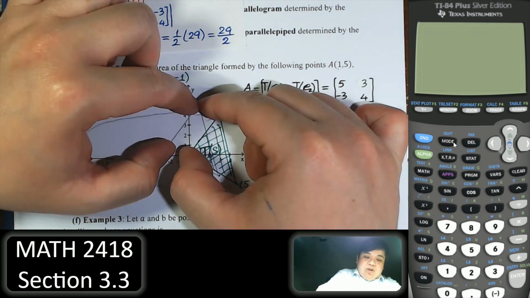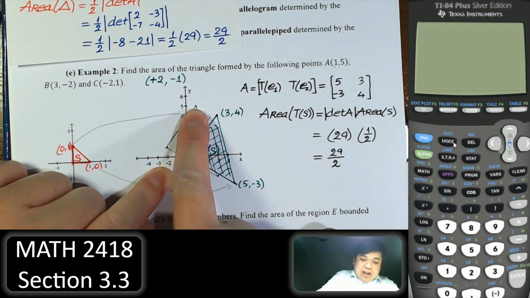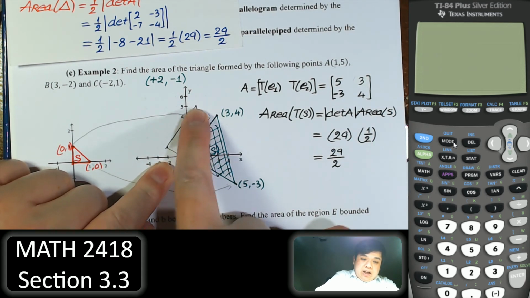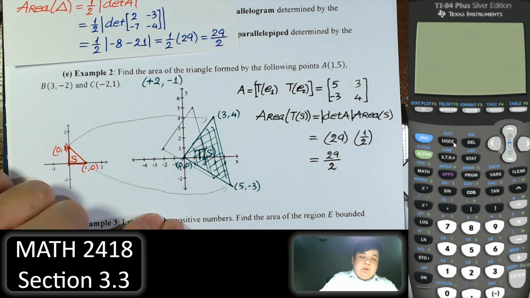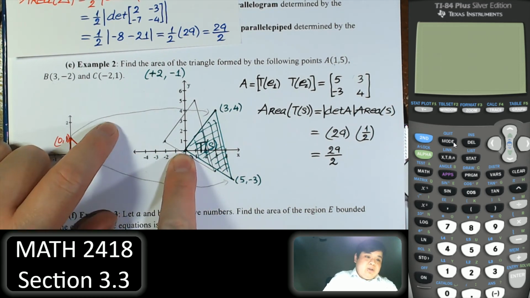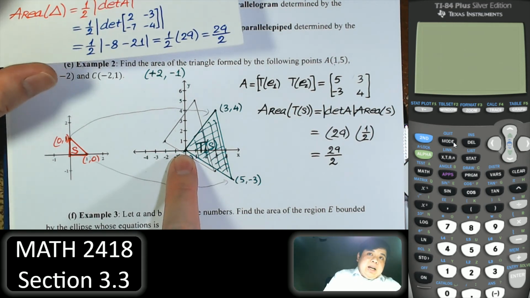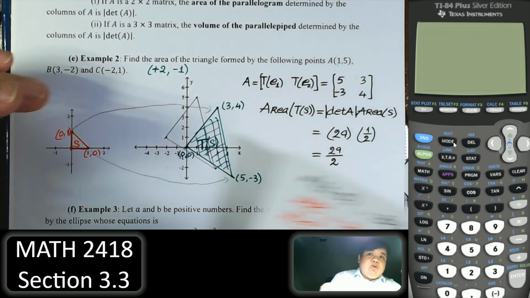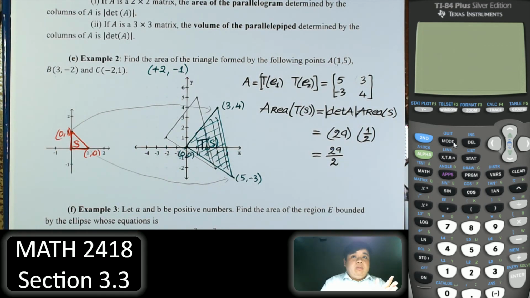But if we move the triangle so that the point here is going to the point here at the origin, or we move that on that side, so this will be at 0, 0. It doesn't matter. What matters is that when we're trying to find the area of the parallelogram or the area of a triangle, in that case we cut in half, we need the two vectors that form the parallelogram.